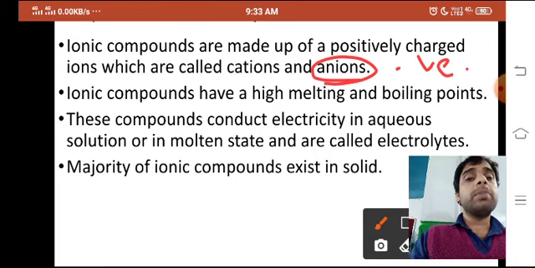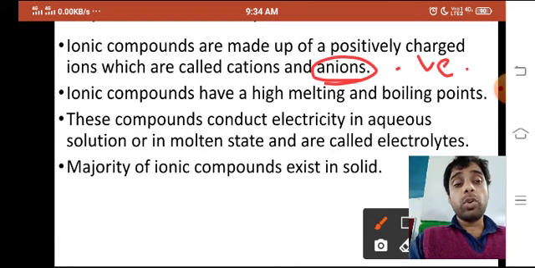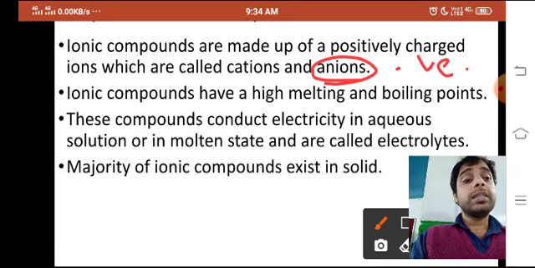Then, these compounds conduct electricity in aqueous solution. What does it mean? Suppose, for example, I am talking about NaCl, sodium chloride.